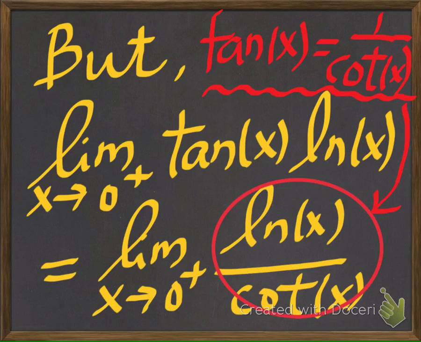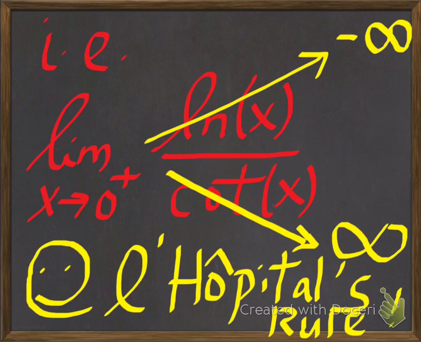L'Hopital's rule can be applied whenever the limiting value is in numerator over denominator form and carries the indeterminate form 0 divided by 0 or infinity divided by infinity. In this case, ln x goes to negative infinity, while cotangent x goes to positive infinity, so it supports applying L'Hopital's rule.